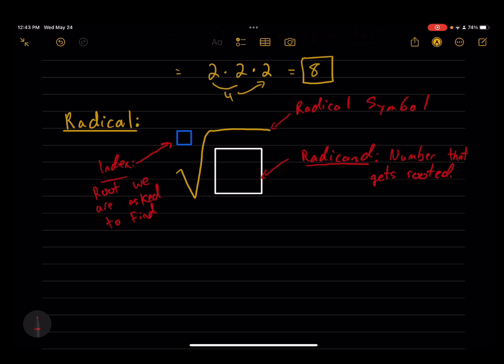And another thing we should mention over here is that if it's a square root, then no number is listed. But anything above a square root, like a cube root, or a quartic root, or a quintic root, that will be listed right outside in the top left corner.